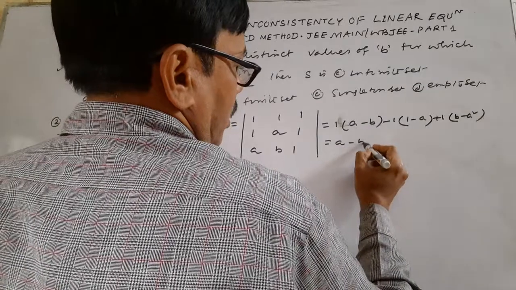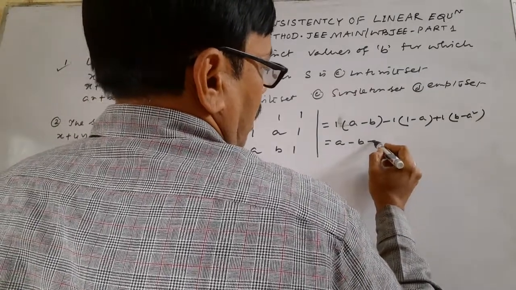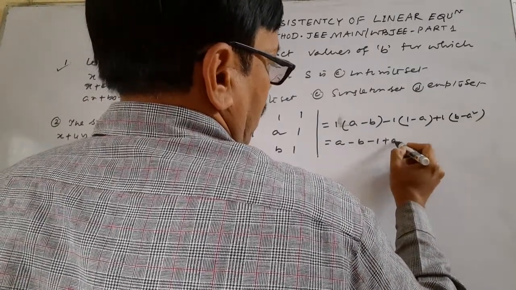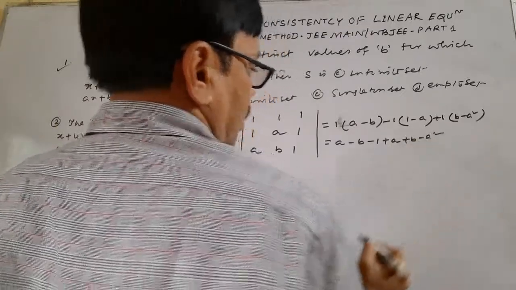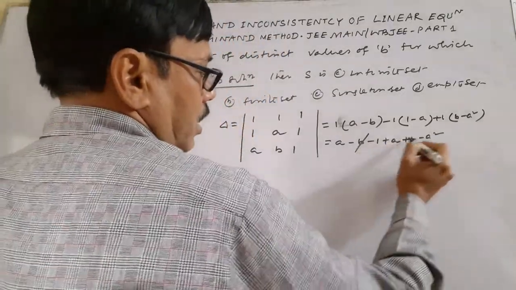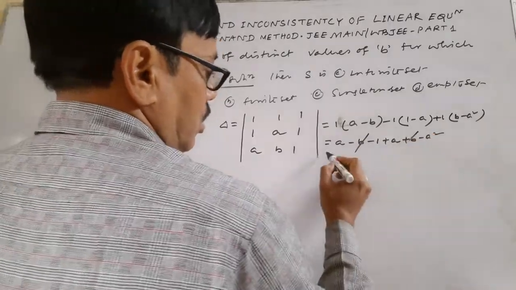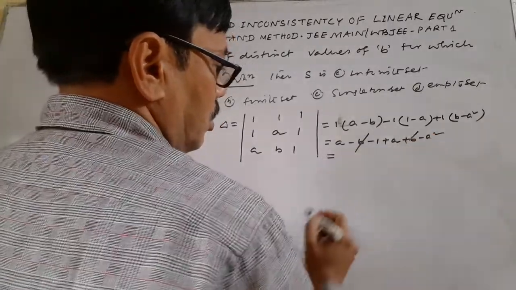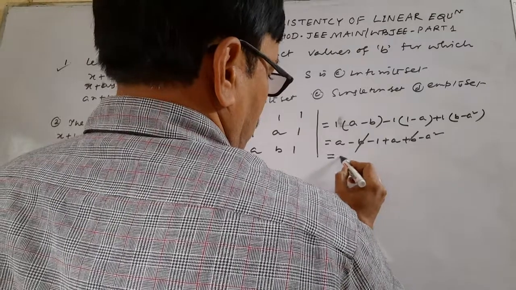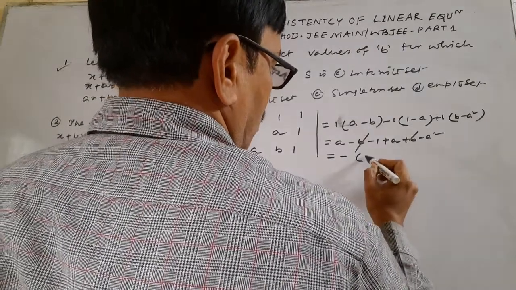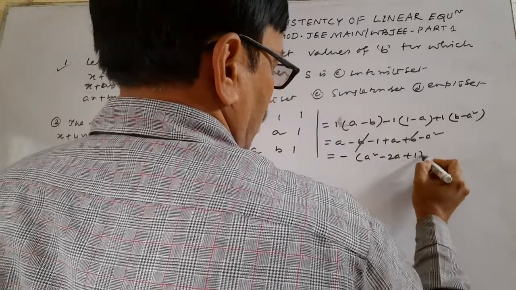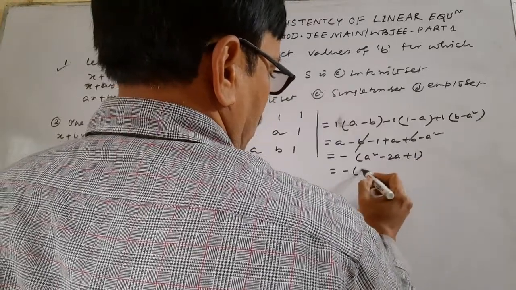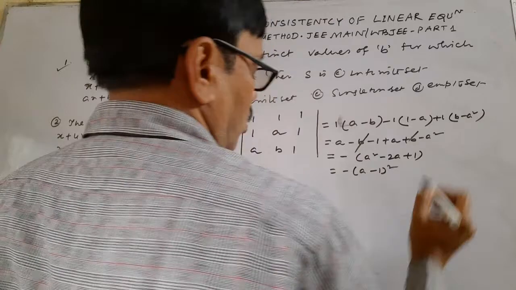So A minus B minus 1 plus A plus B minus A square. So B cancels out. So 2A minus A square minus 2A plus 1, so (A minus 1) whole square.